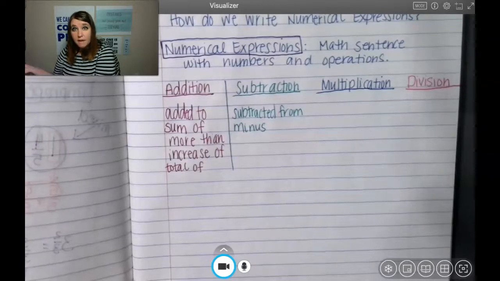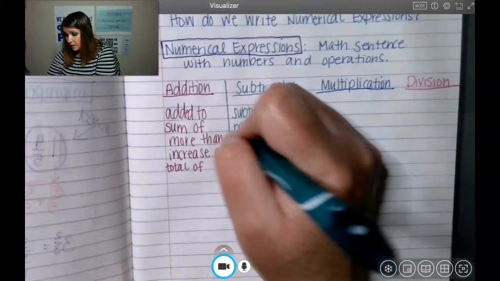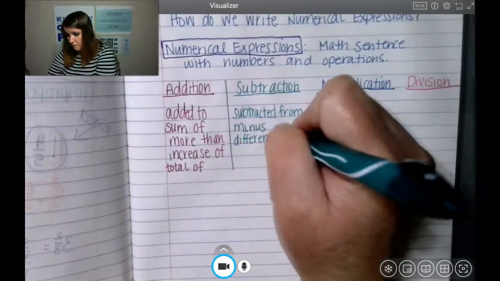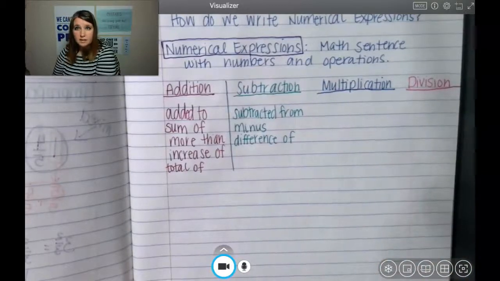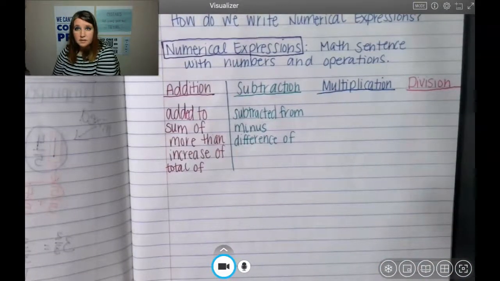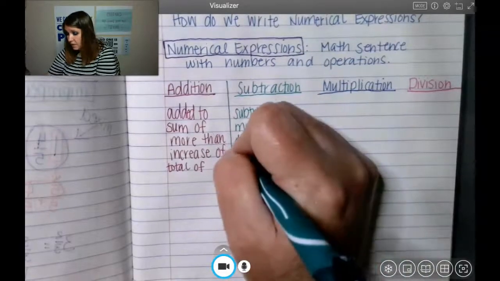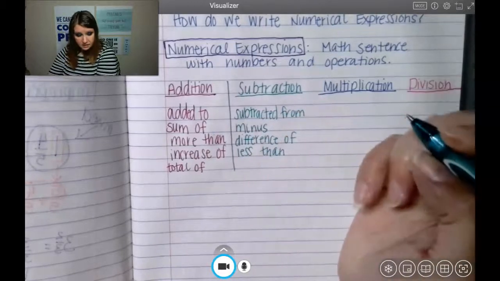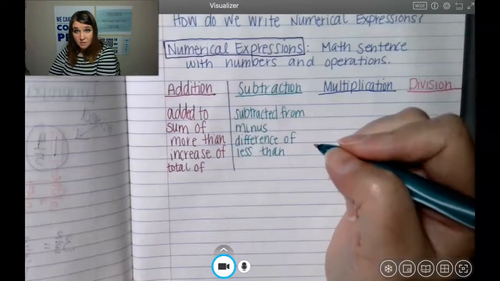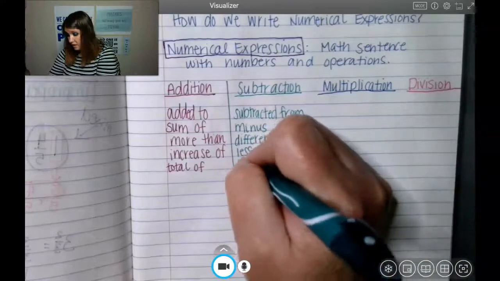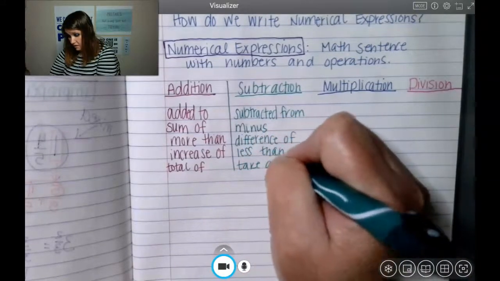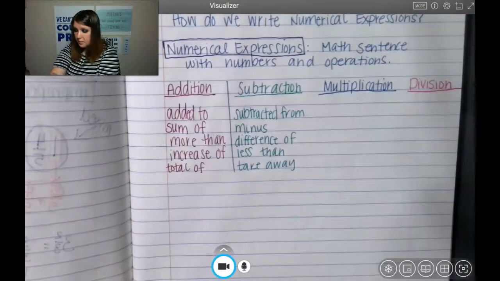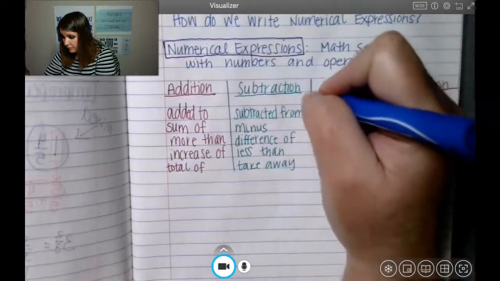The difference of, okay, difference of, what's another word that you can think of? Less than? Yeah, less than would be a good one. Take away. Take away would be a good one. Yeah, these are great. All right, we can stop there. We can always come back and add more later.